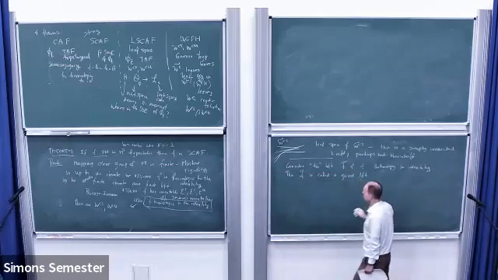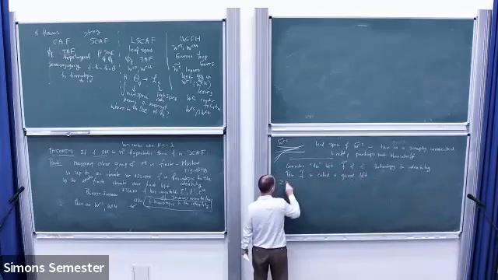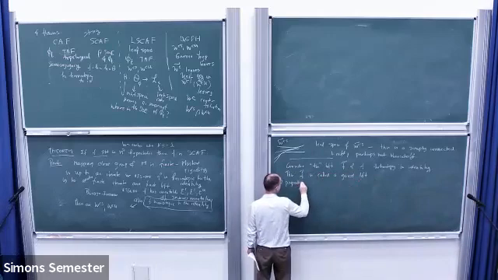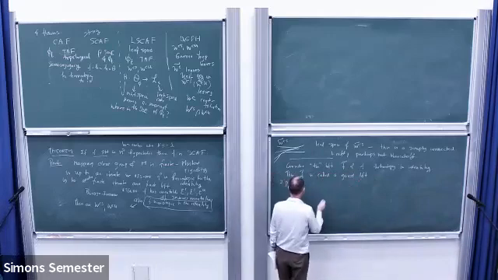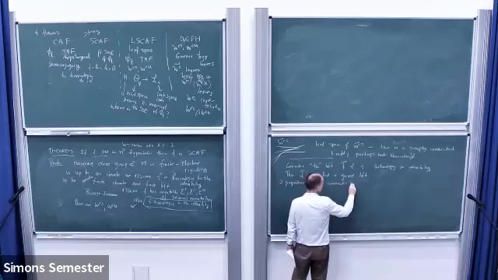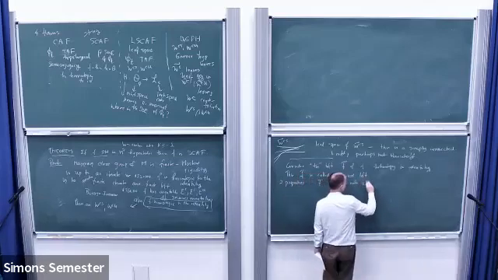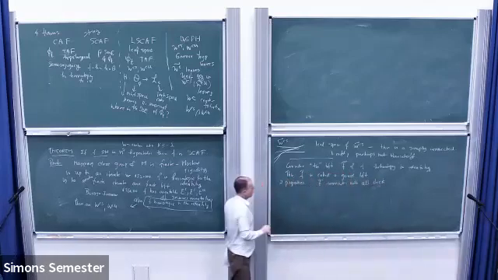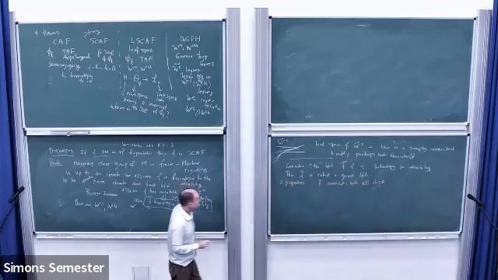So there are two properties. One of them will be used immediately: F tilde commutes with all the deck transformations, because it's a lift of a map homotopic to the identity.